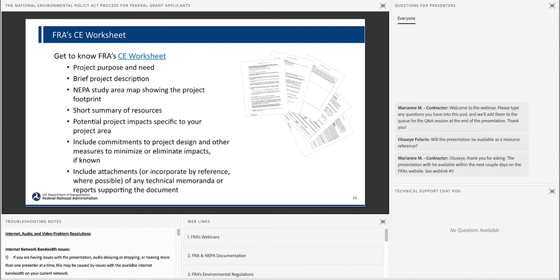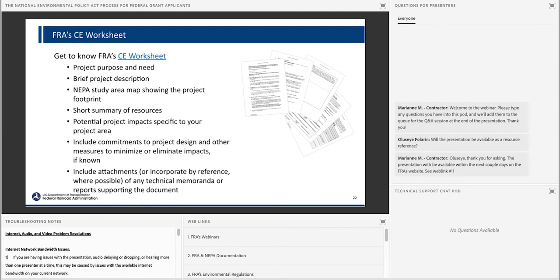The CE worksheet is a comprehensive place, and the companion guide, which is also on the FRA website, not only lists the resources for categorical exclusions, but this information can be used in the preparation of any NEPA document at FRA. So it's a good place where all of the resources are listed. Oh, and I was just notified that the presentation file will actually be available in the next day or so on the FRA website. That's better than in a week.